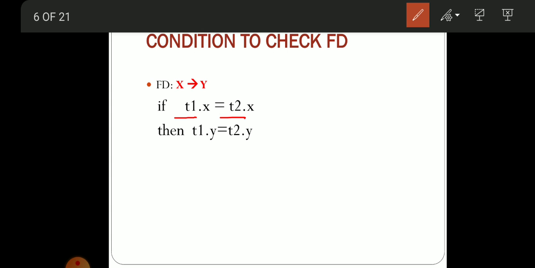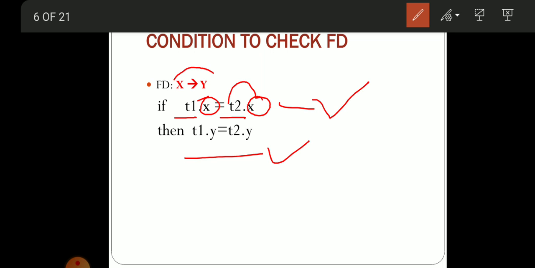Tuple 2 means some other row, or some other tuple. So if the X value of tuple 1 is equal to the X value of tuple 2, then only we have to check this condition. And if this condition is also true, then we'll say that yes, X to Y exists. Means this functional dependency exists.